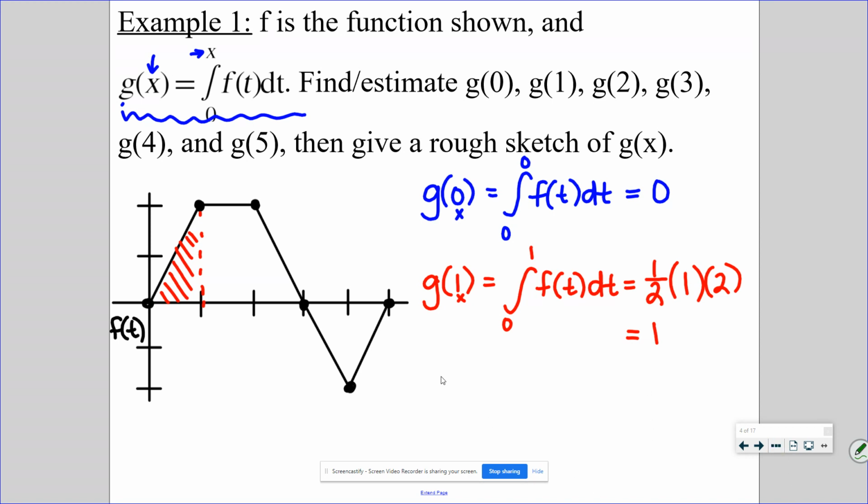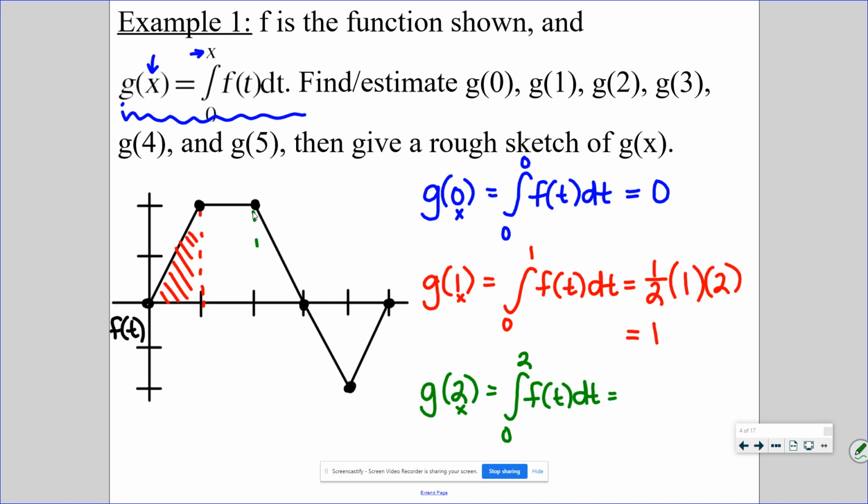Okay. Let's try g of 2. So for g of 2, everywhere I see an x, I'm going to put a 2. And so to find g of 2, we need to find the area under the curve from 0 to 2. Well, from 0 to 1, we already know that this area is equal to 1 unit.